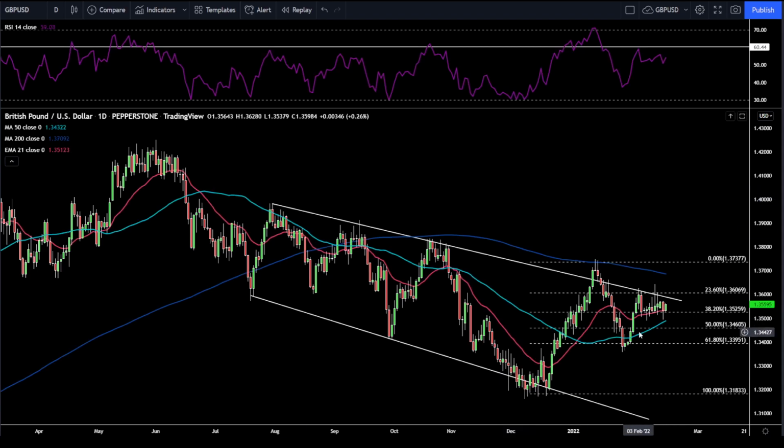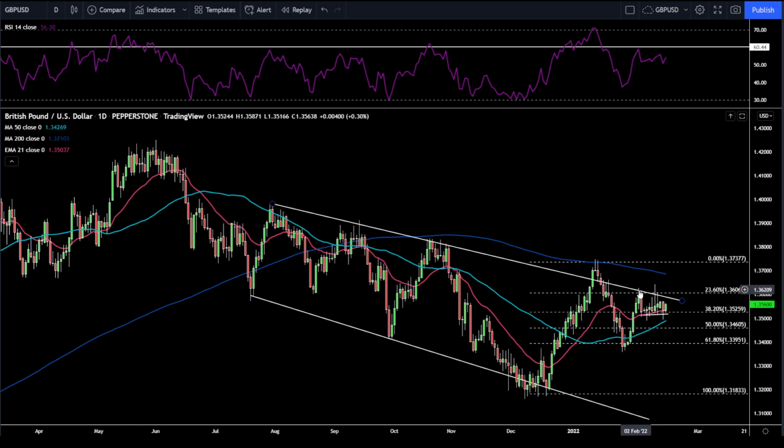GBPUSD, we're in this sort of very squeezy pattern here, narrow consolidation. If I draw in quickly on these, it looks like we've got a bit of a triangle pattern brewing here, which essentially either breaks out to the upside or the downside. What are the major levels here? 135.25, the 38.2 percent Fibonacci level.